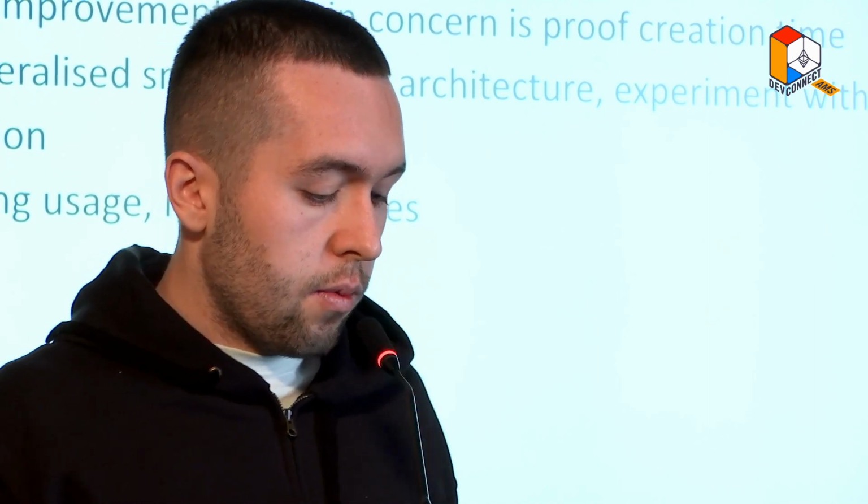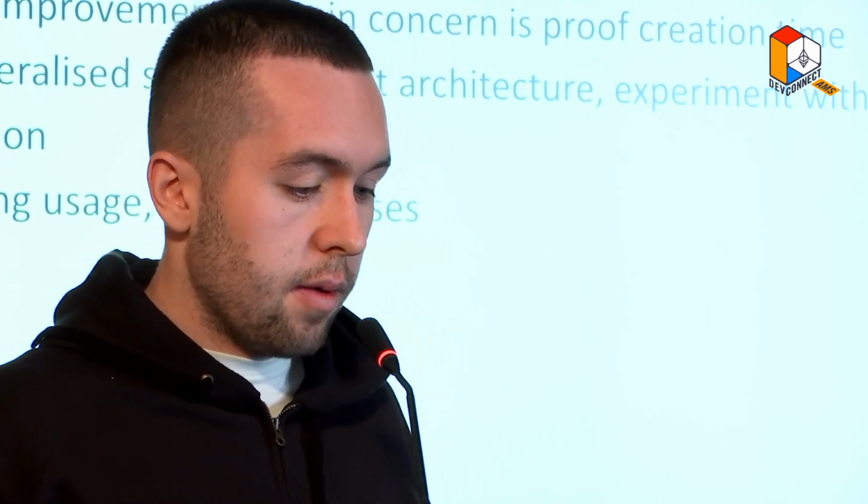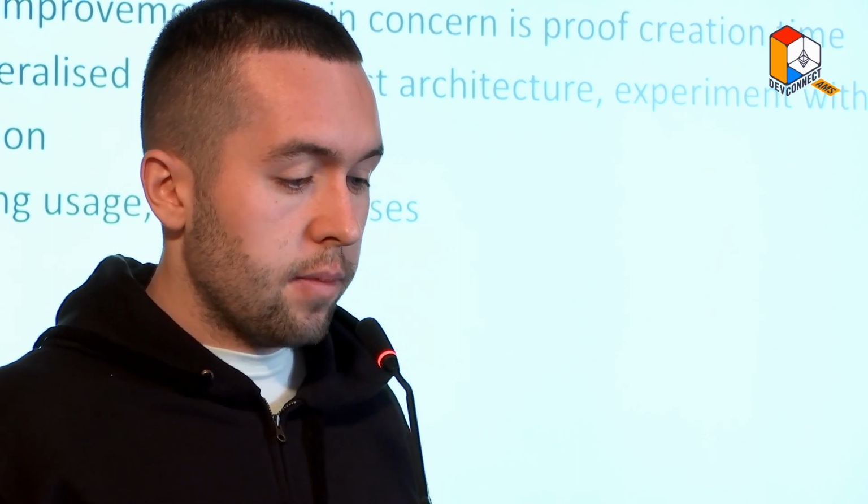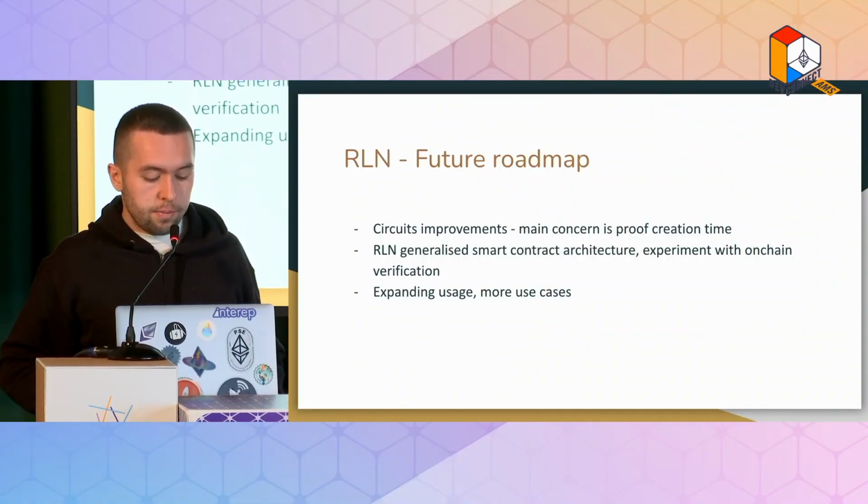We also work on improving this gadget. The next things we plan to do are to improve the circuits and the prover time, which can be necessary for applications which are very latency sensitive.